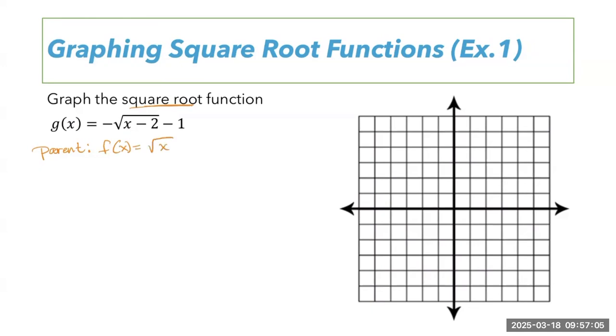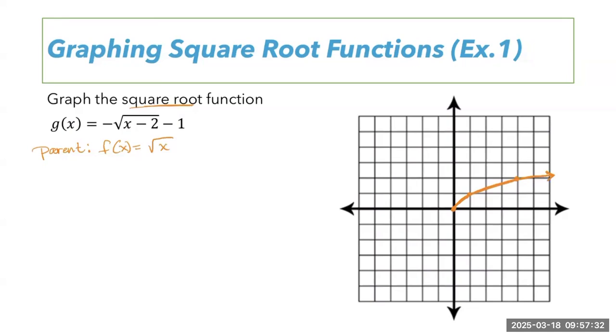And so then I'm going to think about, well, what does that graph look like? That's an easy one to graph. What does that look like? And so we have points like (0, 0), (1, 1), and (4, 2). And so we know we have this curve that kind of looks like half of a U on its side.